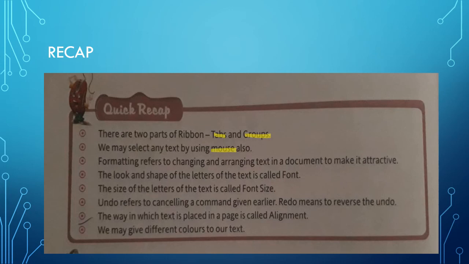Formatting refers to changing and arranging text in a document to make it attractive. Next, the look and shape of letters of a text is called font. The size of letter of the text is called font size.